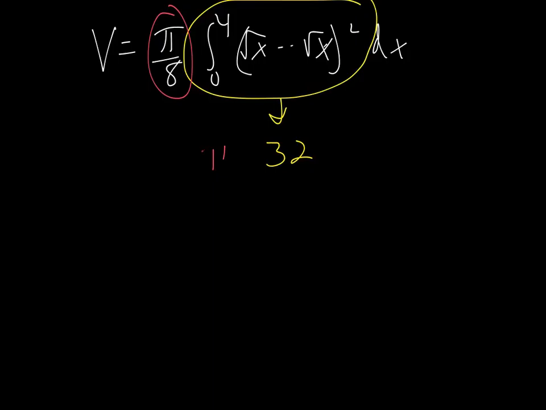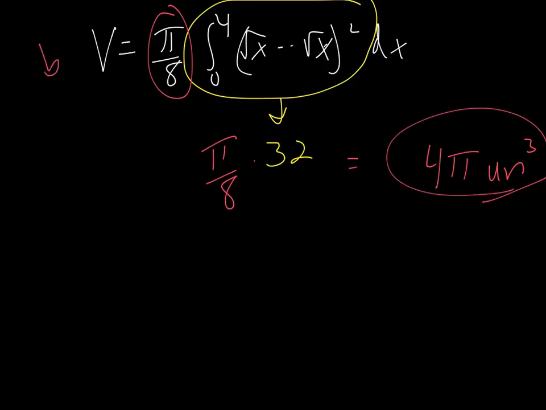So 32, and we have a pi over 8 in front, is going to equal 32 pi over 8, or divide 32 by 8, and I'm going to get 4 pi units cubed. That would be part B, which was the volume when cross sections are semicircles. I think you get the idea from there. So change it accordingly to what you have to multiply by out front, but certainly use that to help you so you don't take so much time to do it every single time. You don't need to do it different.